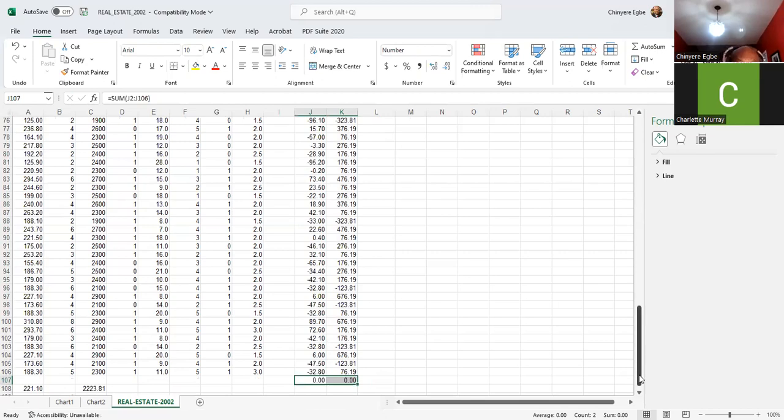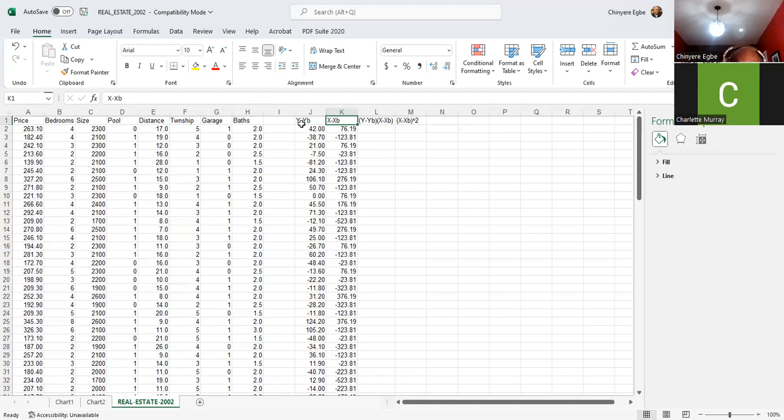So now the next thing is to multiply j and k. We multiply y minus yb times x minus xb, which is very easy. So equals j2 times k2. Very easy.